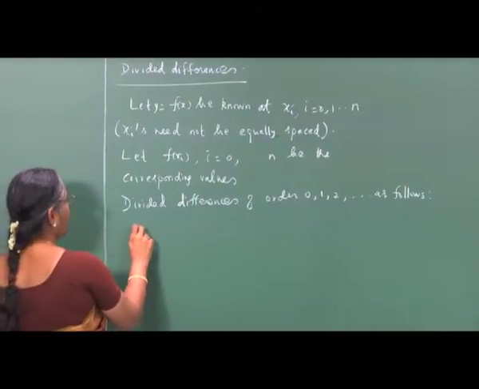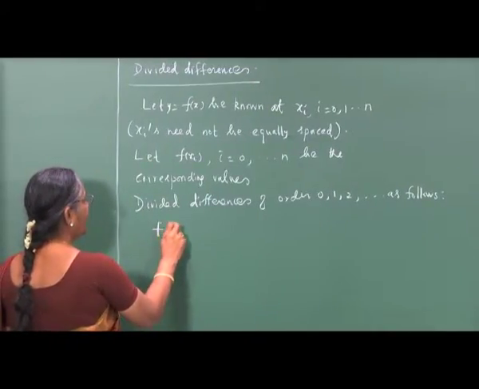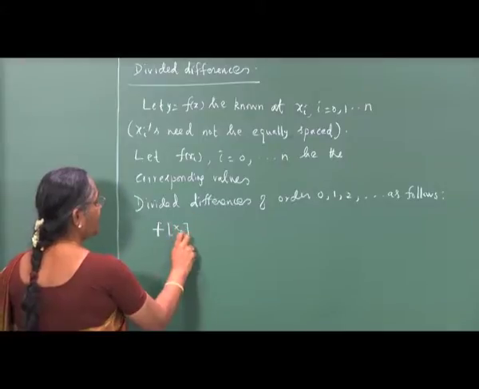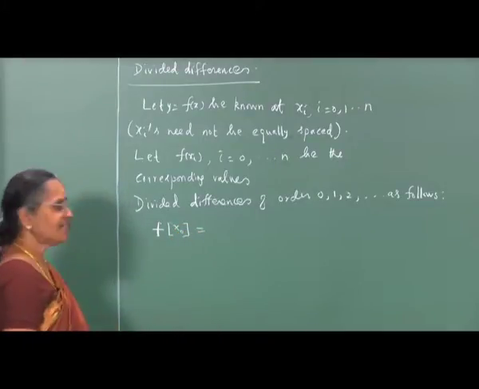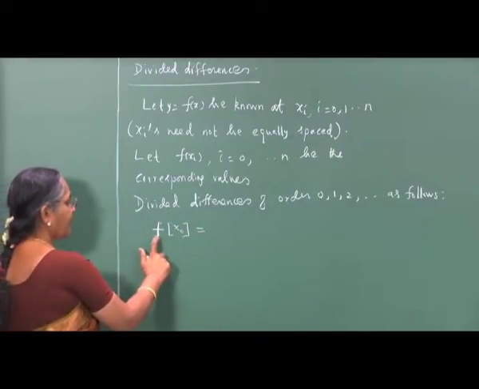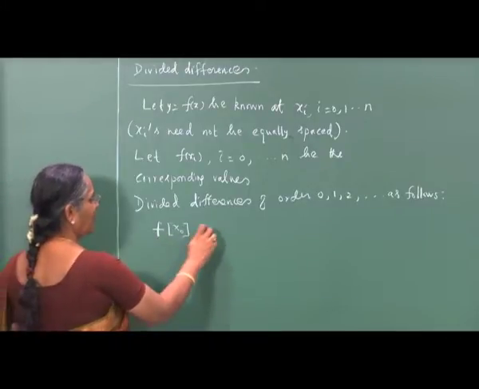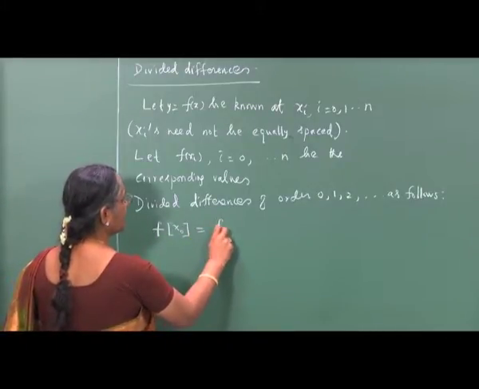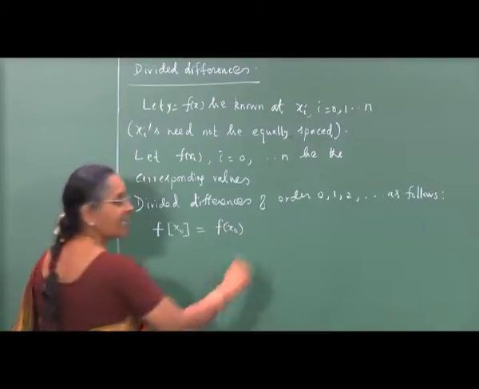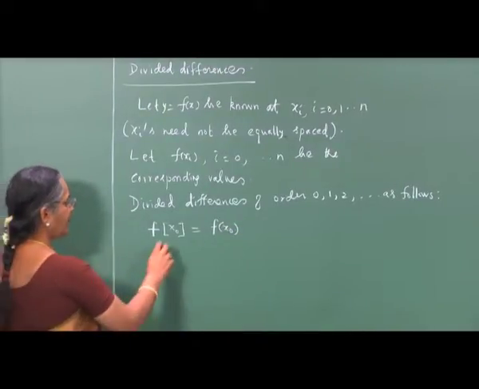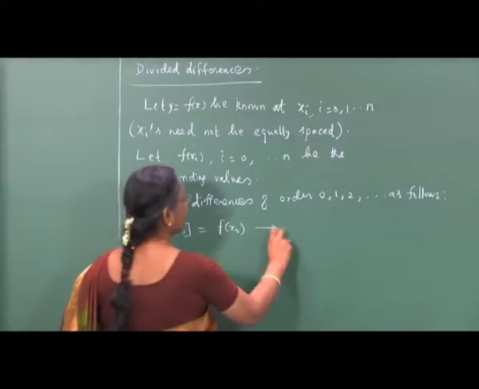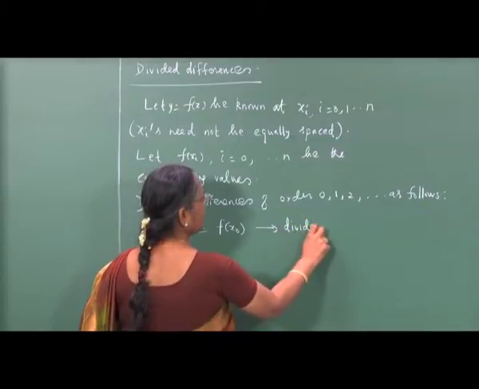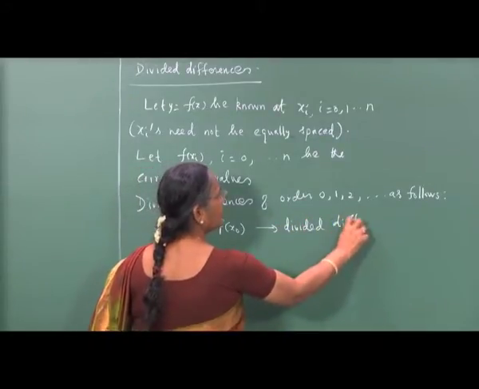I denote by f of x naught the 0th order divided difference, and that is nothing but the value of the function at x naught. And this is a divided difference of order 0.